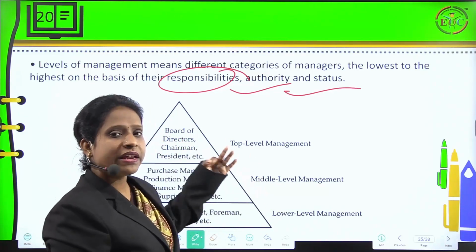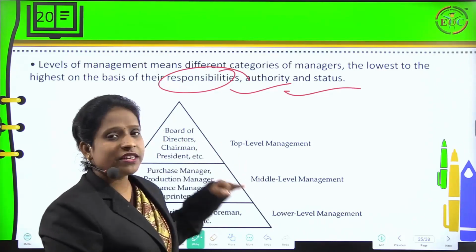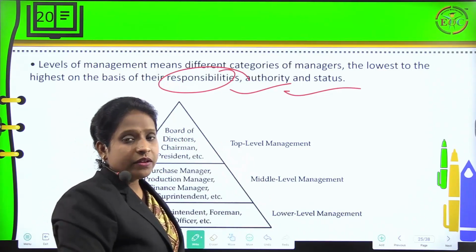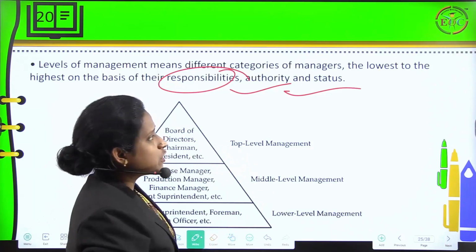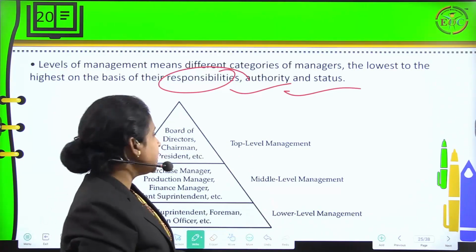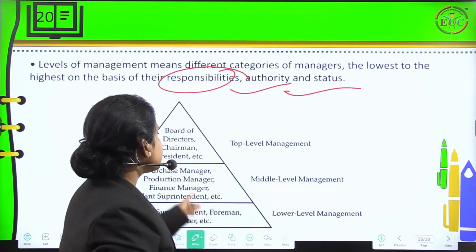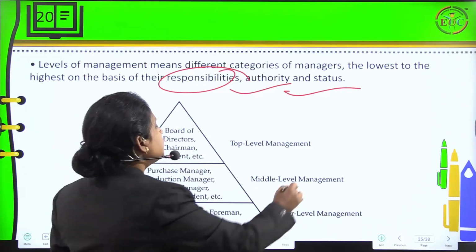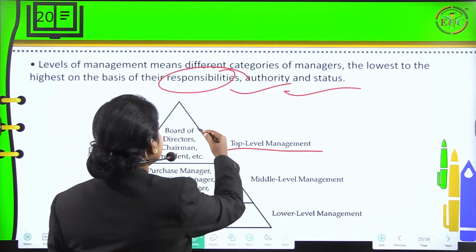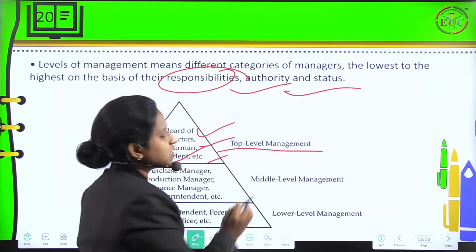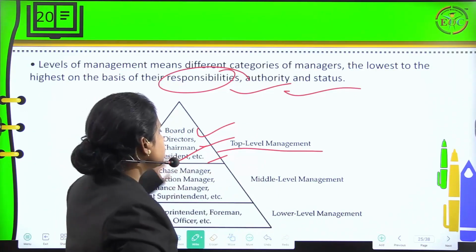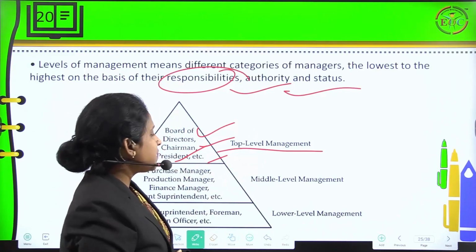Middle level management, compared to the top level management, has a little bit less, and when you compare with the lower level management, the responsibility and status will be a little bit less. Here you can identify in this diagram that the top level management includes board of directors, chairperson, president, etc. So all the important positions are in top level management.